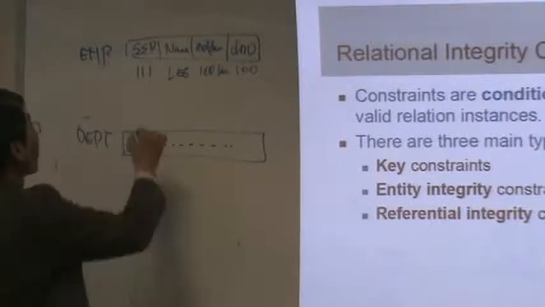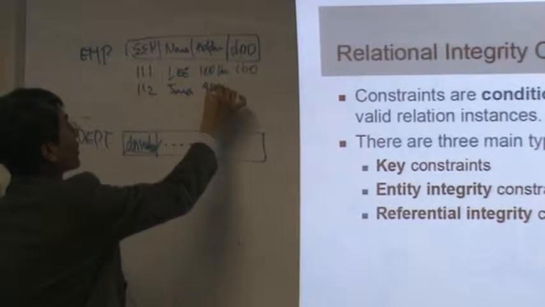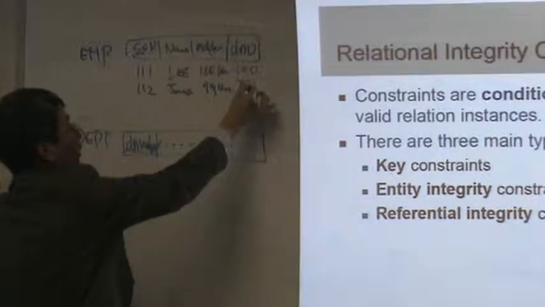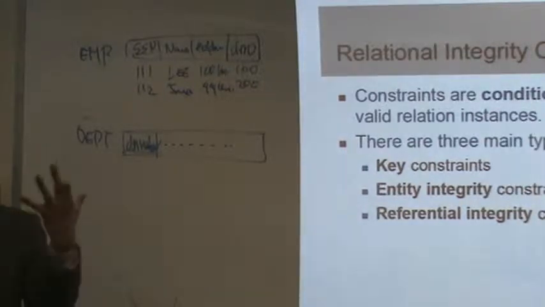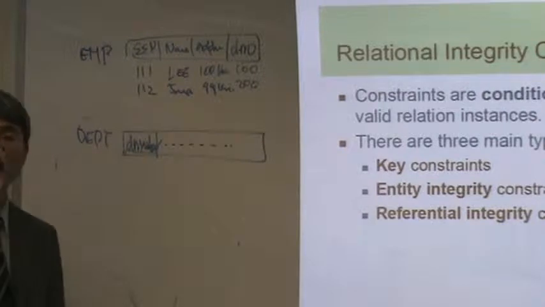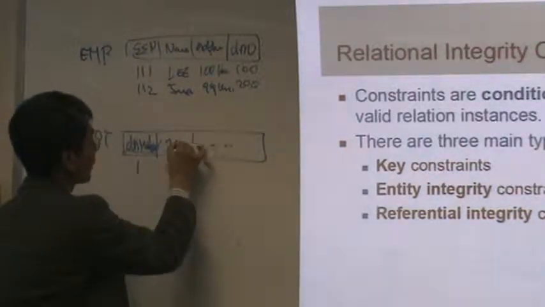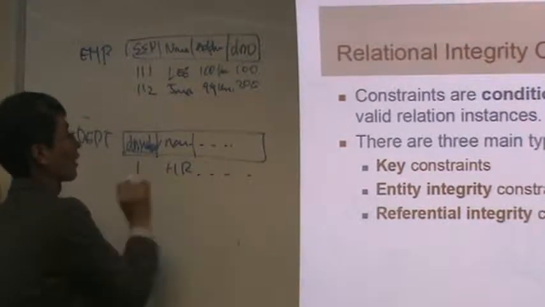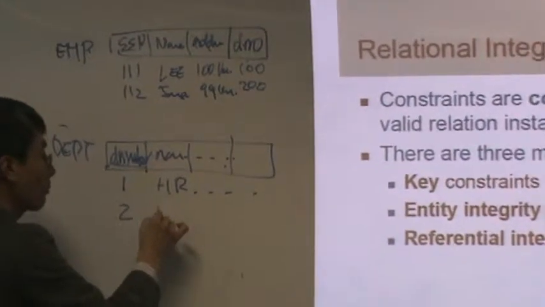And another, 112 James, 99 University Avenue, DNO 200. Then later, when I populate the department, D number is clearly mentioned in the requirement, 1, and department name is HR, something like that, and supervisor. And 2 is the payroll.